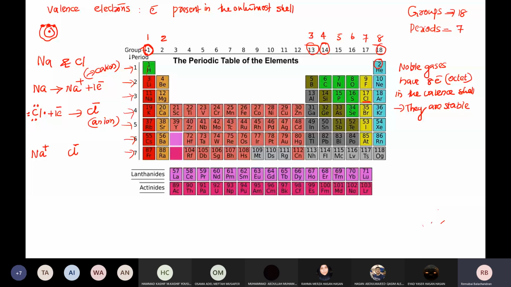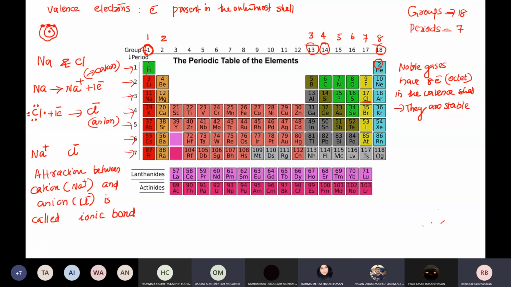This attraction between the cation, here Na plus, and the anion, Cl minus, is called what bond? Come on, ionic bond. Did you understand? Ionic bond is between ions. Is it clear?